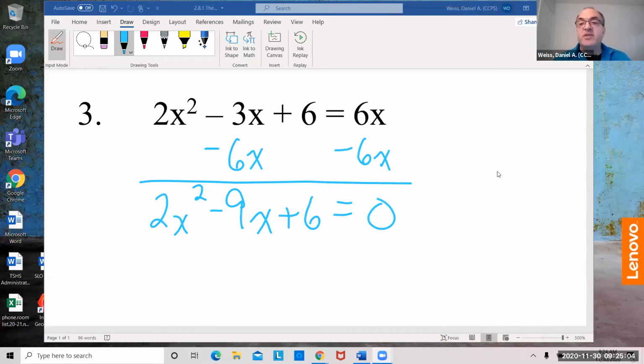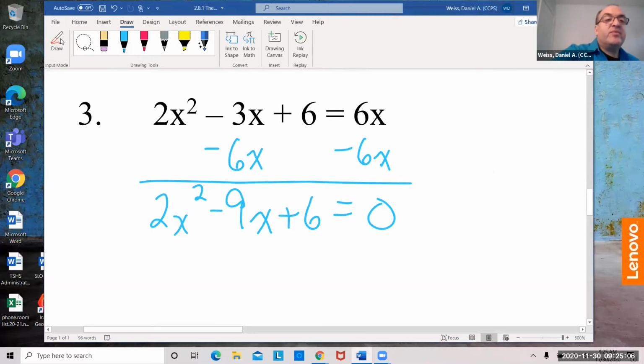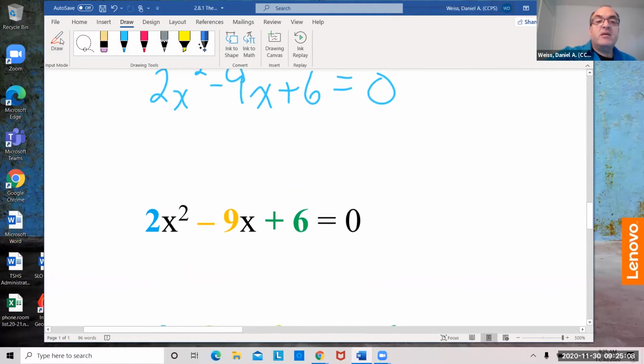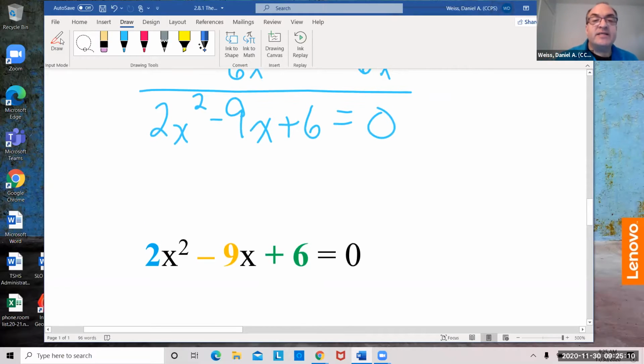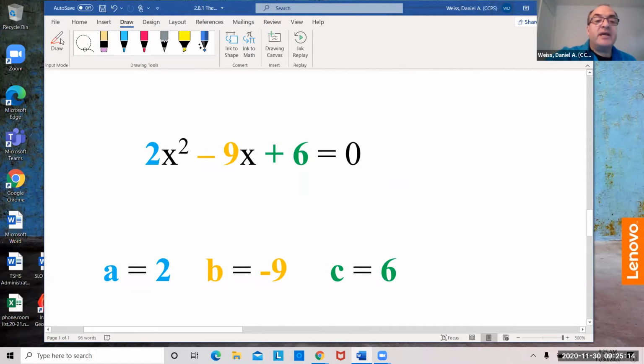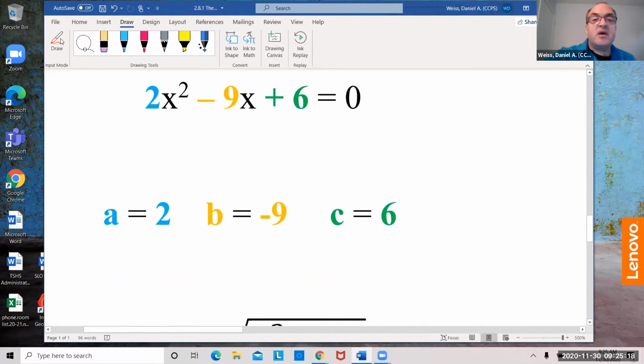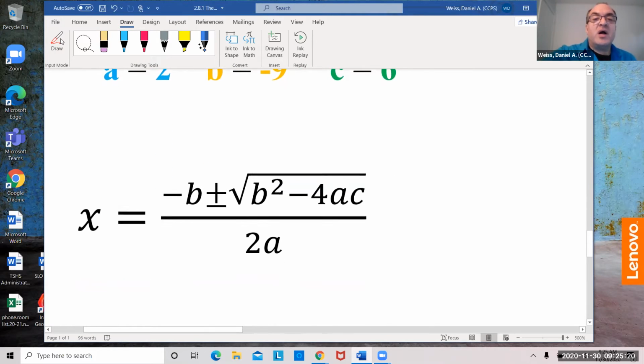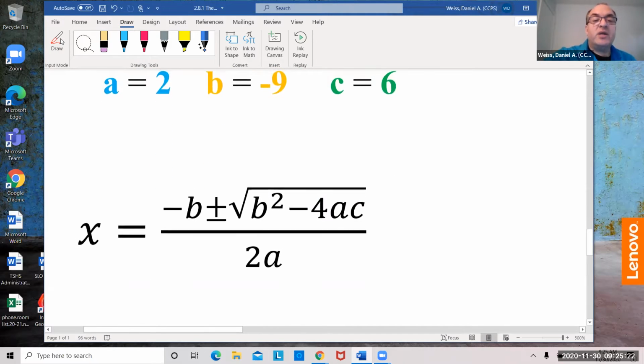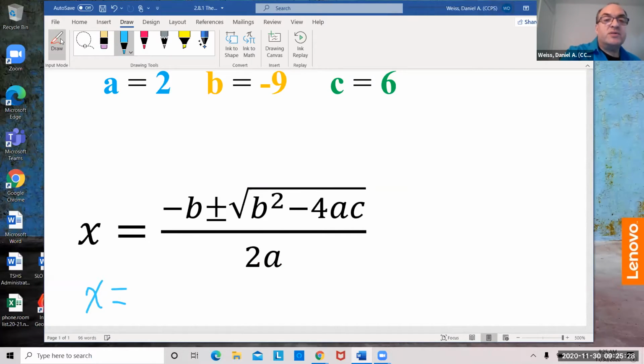So same thing. 2x squared minus 9x plus 6 equals 0. A is 2, B is -9, C is 6. Okay, quadratic formula. Here we go. X equals, now, it's the negative of -9.